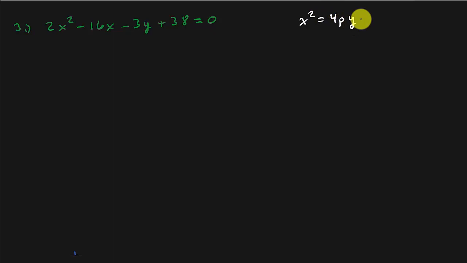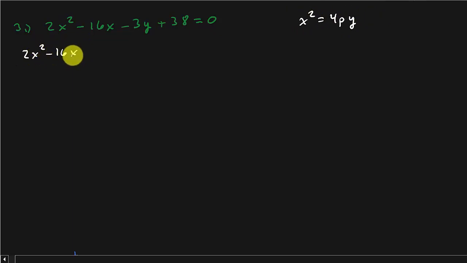So maybe we need to do something to it. What I'm thinking is to keep all the x terms over here. Since the x is squared, let's keep the x over here and get everything else to the other side. So that's going to be 2x squared minus 16x equals 3y minus 38. I just moved the 3y and the 38 to the other side.